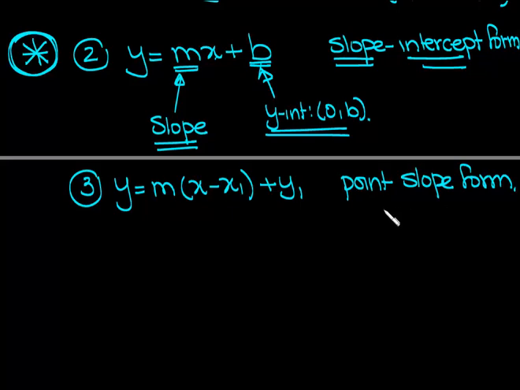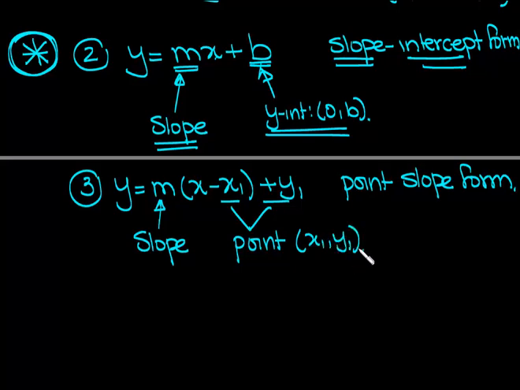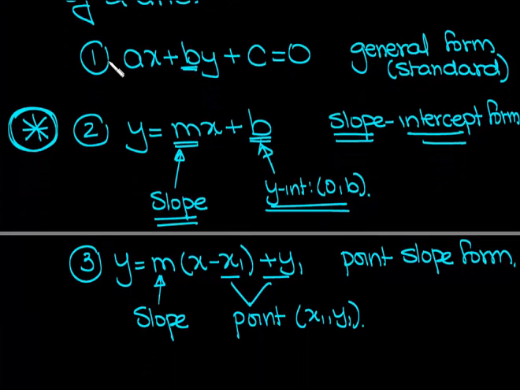This is called the point slope form because you know the slope, this m is still the slope, and this x1 and y1 give you a point on the line. So you have a couple different ways to represent the equation of a line, and these three equations can also be used to find the equation of a line.